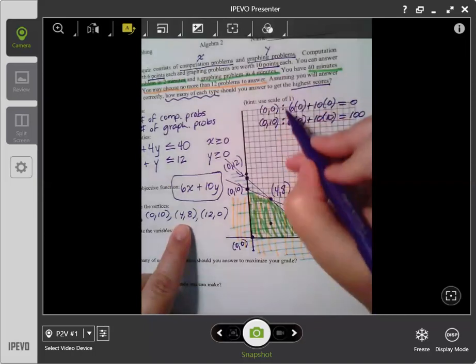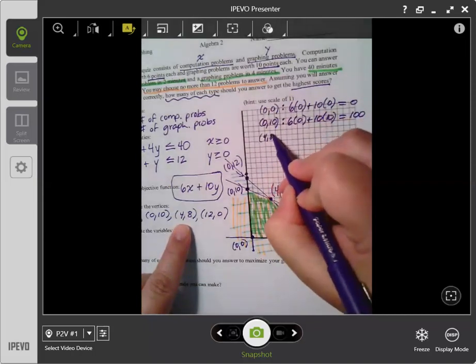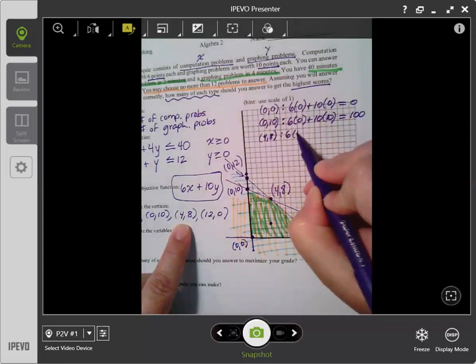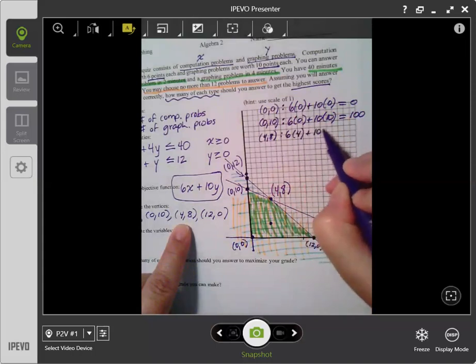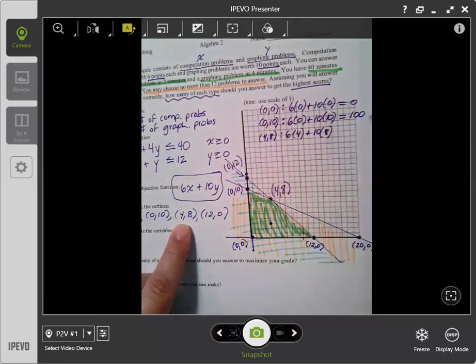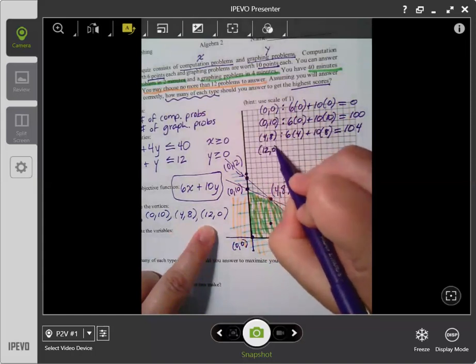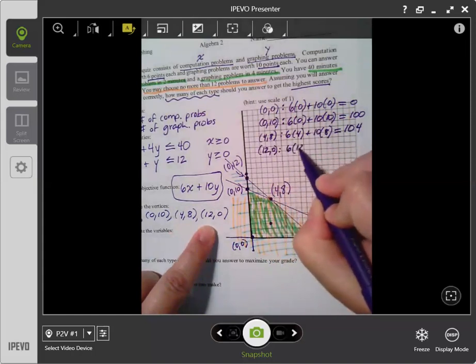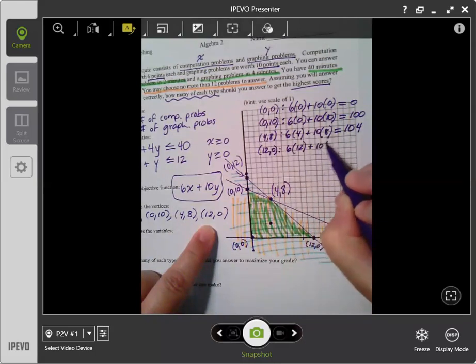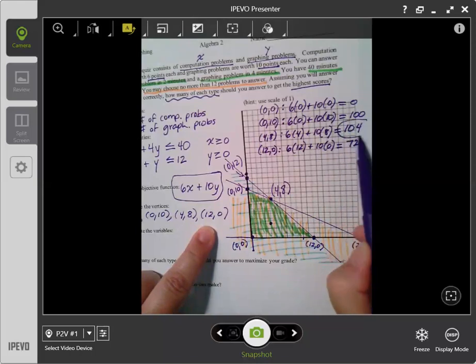If I answer 4 computation and 8 graphing, I will get 104 points. If I answer 12 computation and 0 graphing, I will get 72 points. So here's my maximum score.